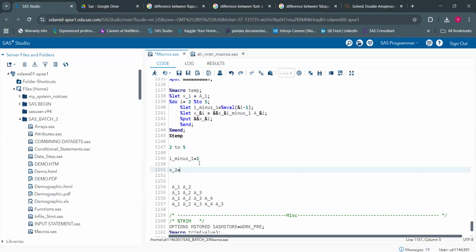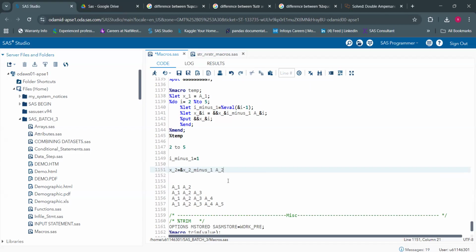The first one is &x_, what is &i? 2. Then underscore, minus, underscore 1. What is a_&i? a_2.